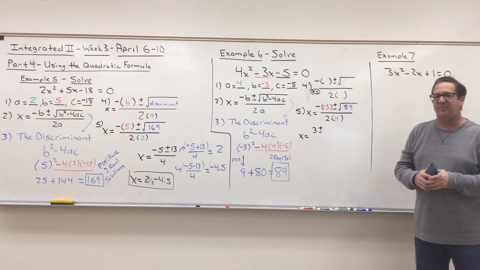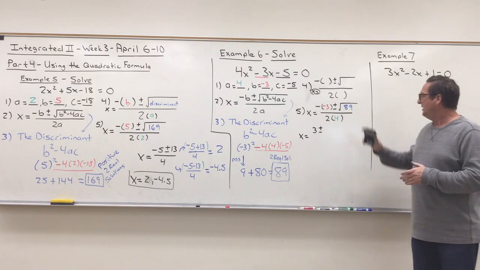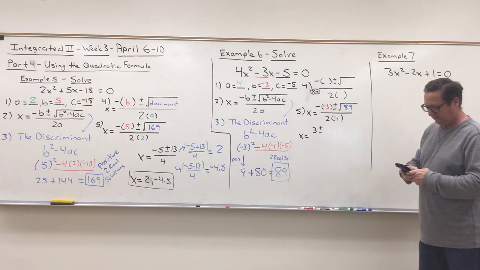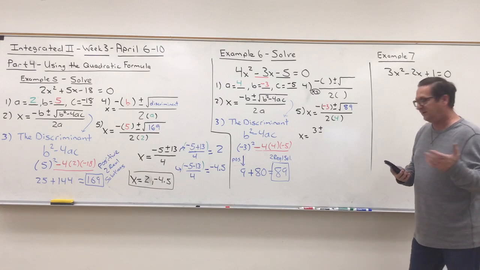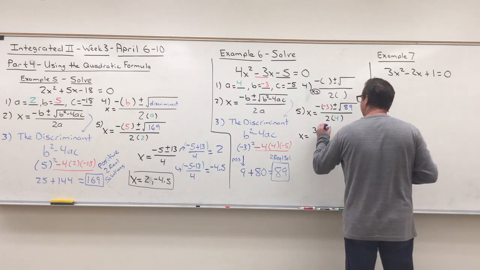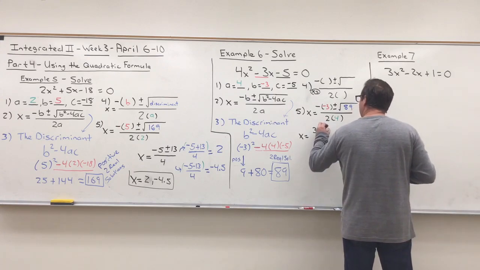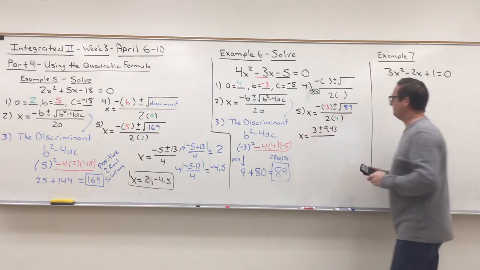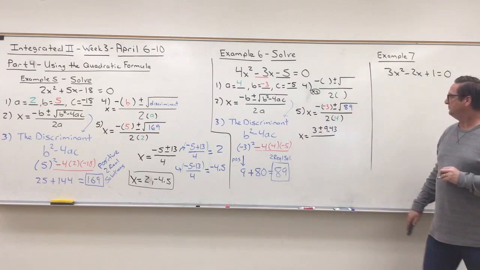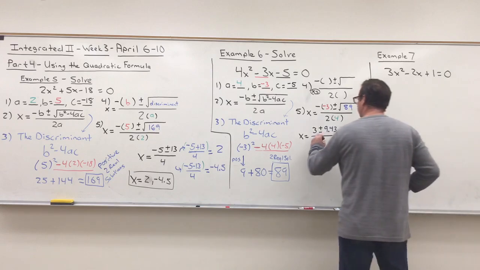X equals positive 3. Now I'm going to do the square root of 89. And I'm going to round it to 2 decimal places. So we're going to get 9.43 all over 8.